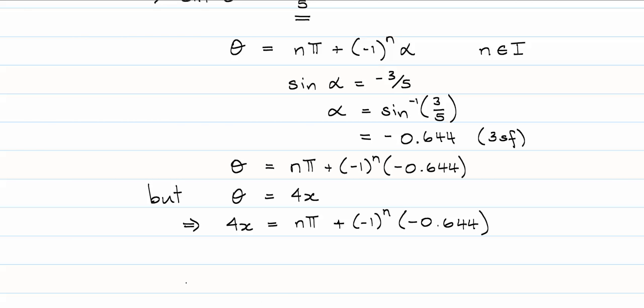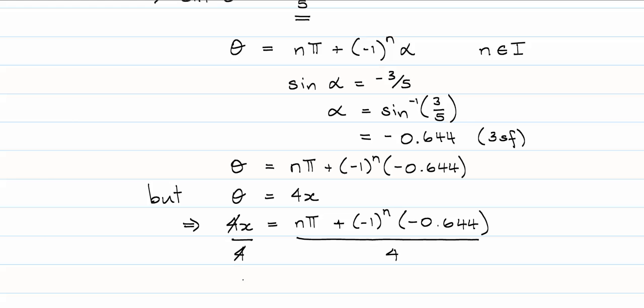And what we have is 4x is equal to n pi plus negative 1 to the power of n times alpha, which in this case is negative 0.644. All we're going to do now is get rid of the 4, and we do that by dividing both sides by 4, and that means everything on the left hand side and everything on the right hand side is divided by 4.